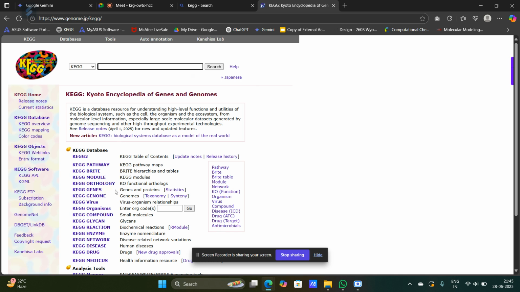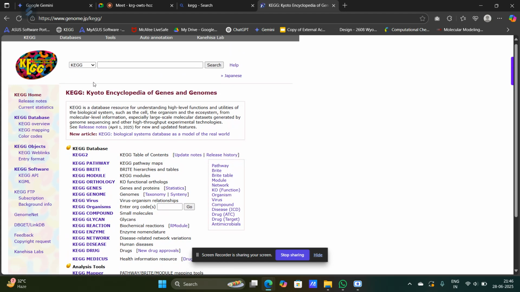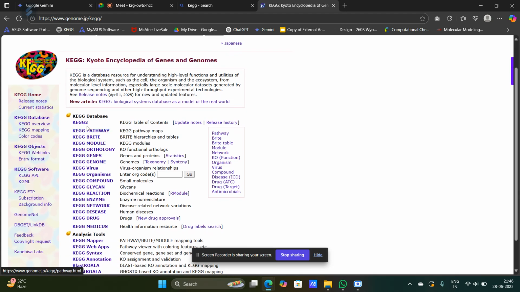Now, this KEGG was designed by some Japanese organization, and it is a collection of databases. It is not a single database. For example, under KEGG databases you have a list.